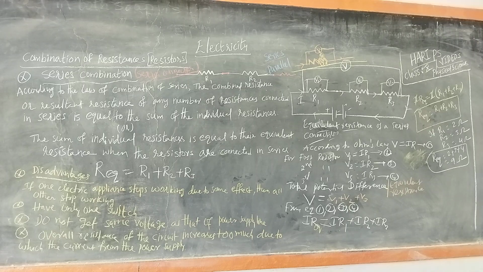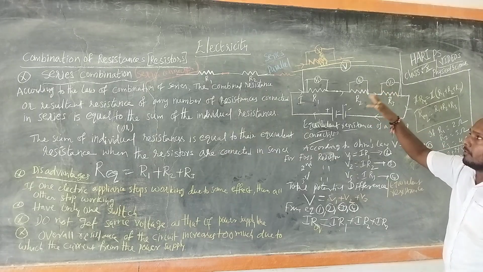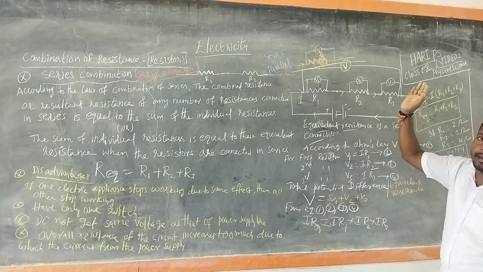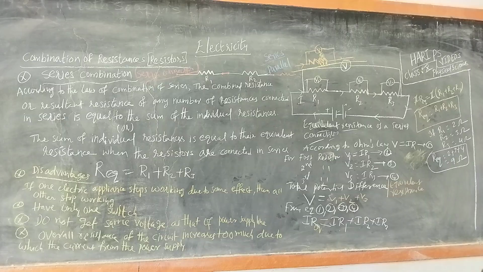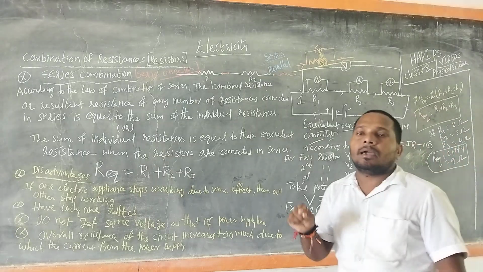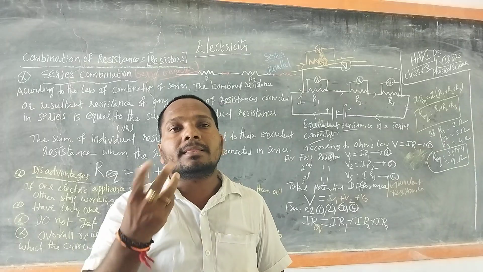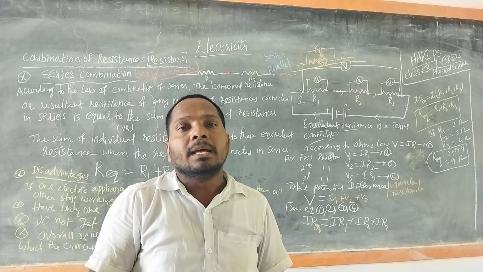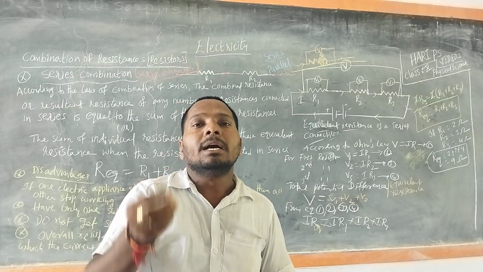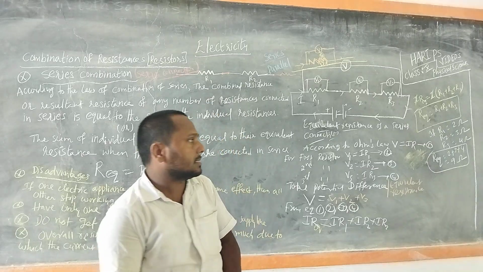Equivalent resistance increases in the circuit when all the resistors are connected in series. The combined or resultant resistance of any number of resistors connected in series is equal to the sum of the individual resistances, and the equivalent resistance is greater than the individual resistance.